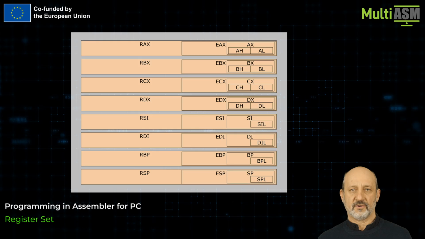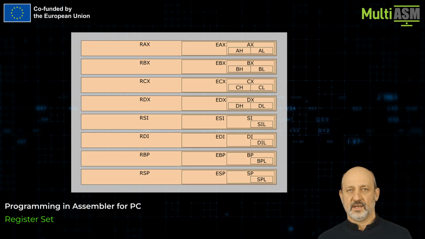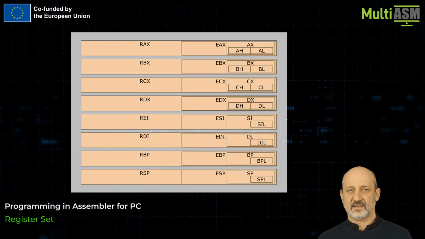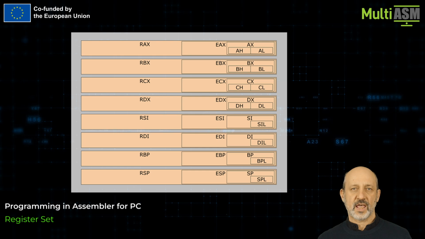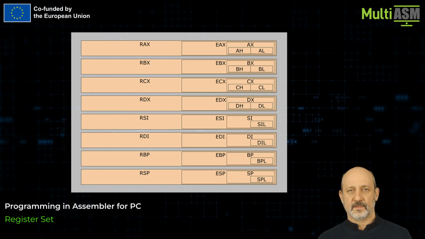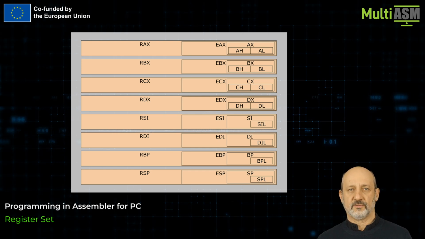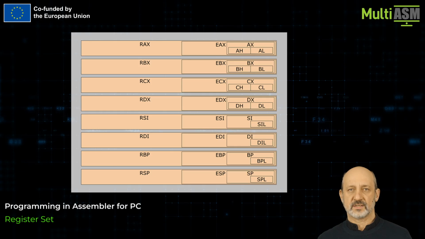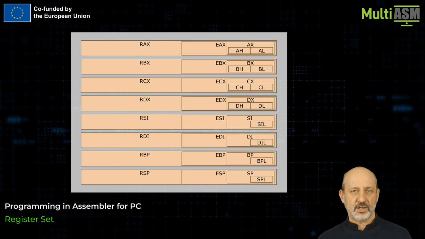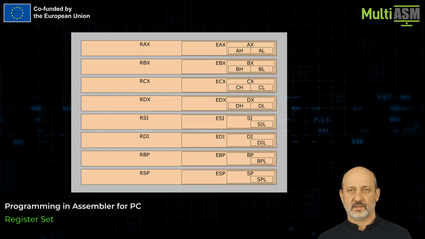The lower half has L letter and the upper half has the H letter in the register name instead of X. For example, lower word of an accumulator can be accessed as high order byte AH and low order byte AL.